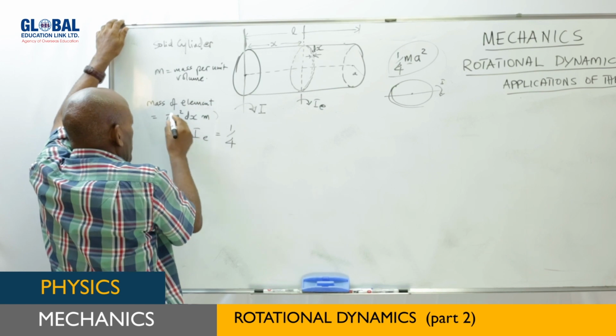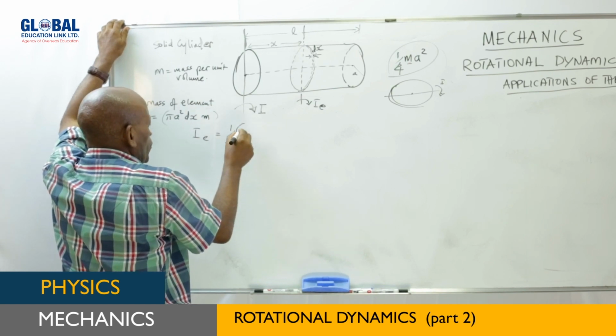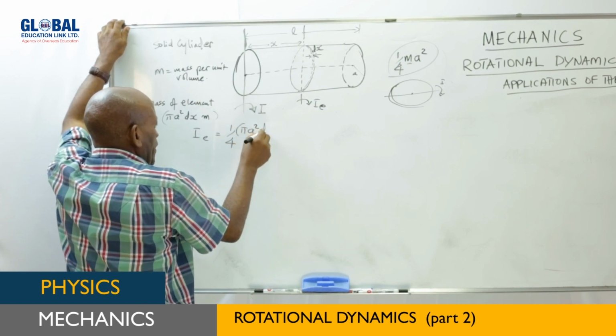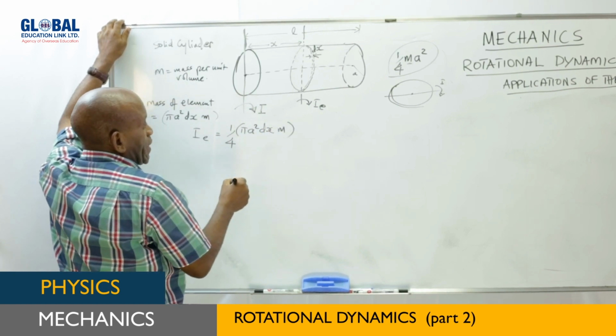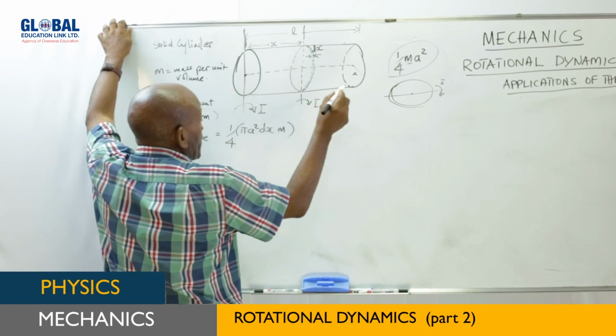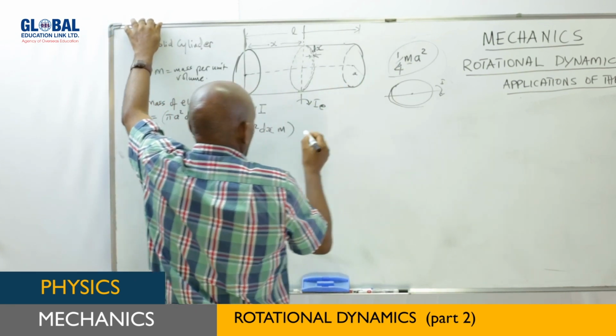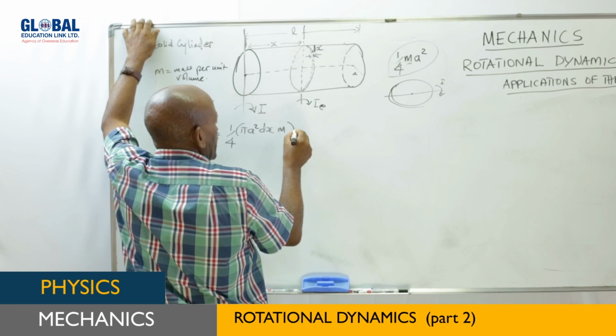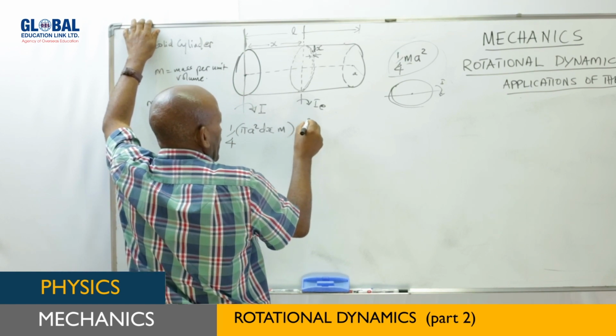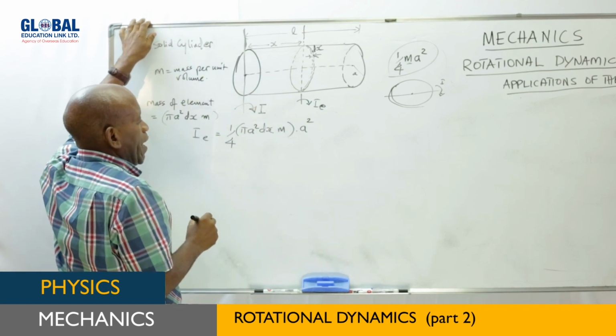The mass is pi a squared dx times m, the mass per unit volume, times a squared.